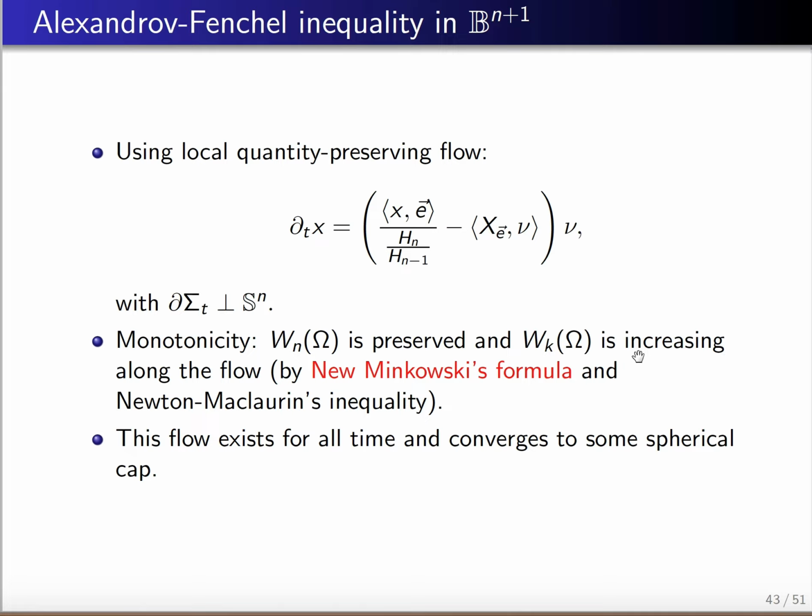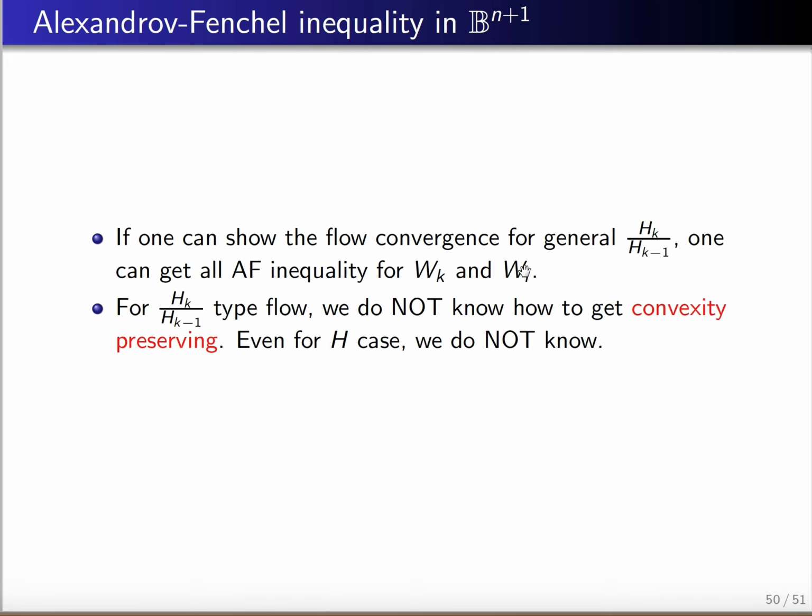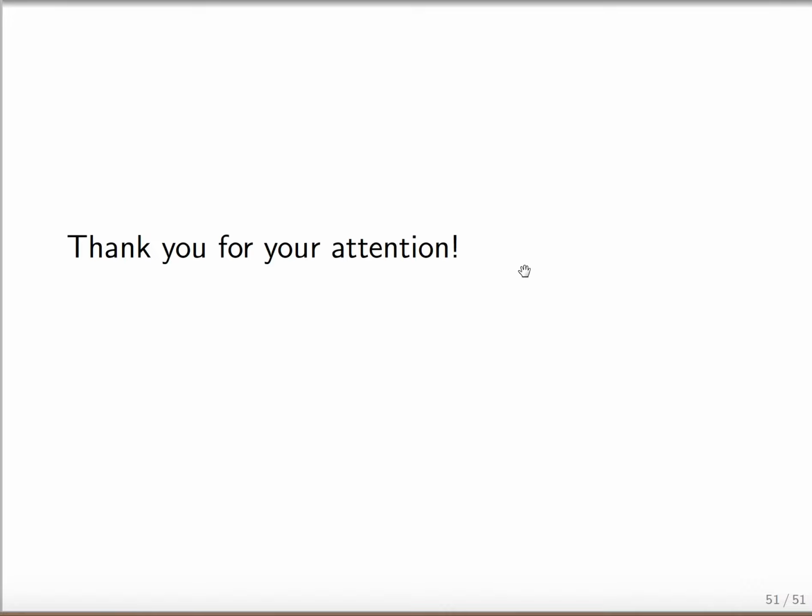And however, we do not know, when k is not n, if it is H_k over H_{k-1}, whether this flow exists for all time and has nice asymptotic behavior. Okay. Yeah, let's finish my talk, and thank you for your attention.